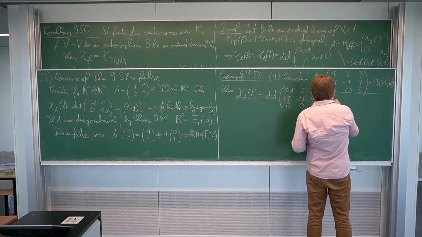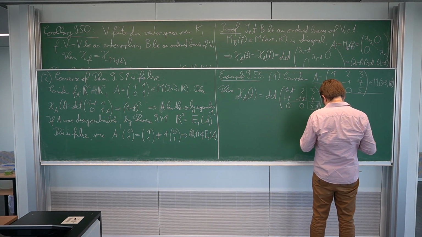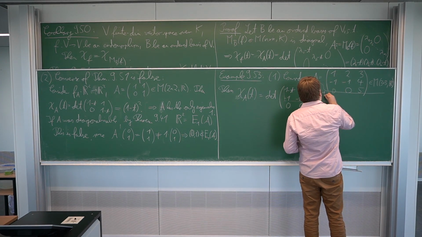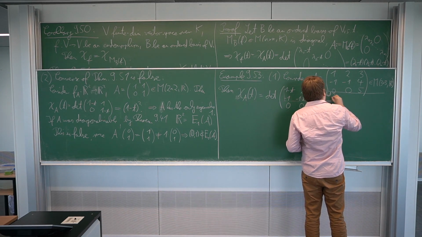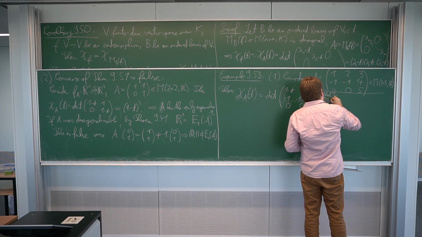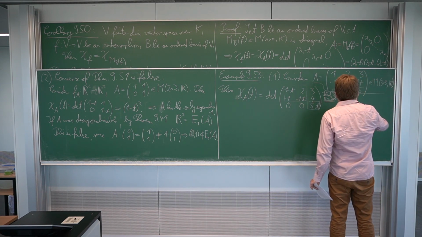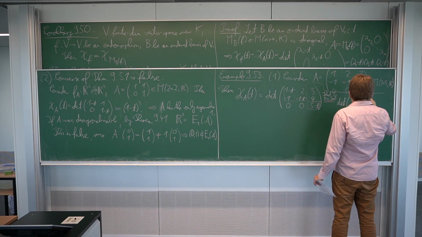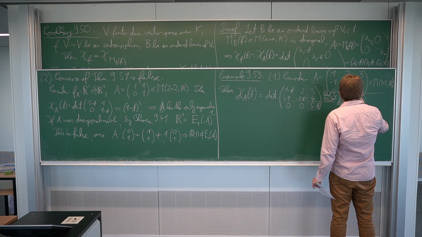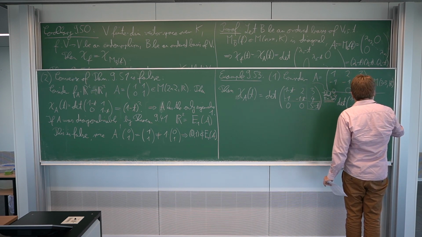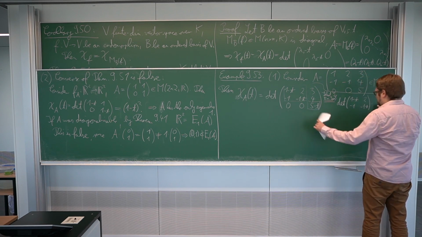This was sheet 5, exercise 3a. So this would be the determinant of (1 minus t, 2; minus 1, minus 1 minus t) times 5 minus t.